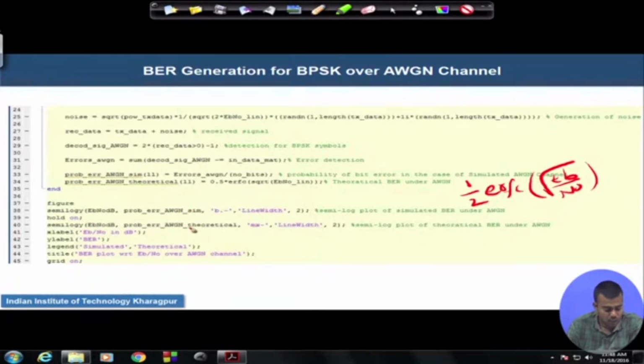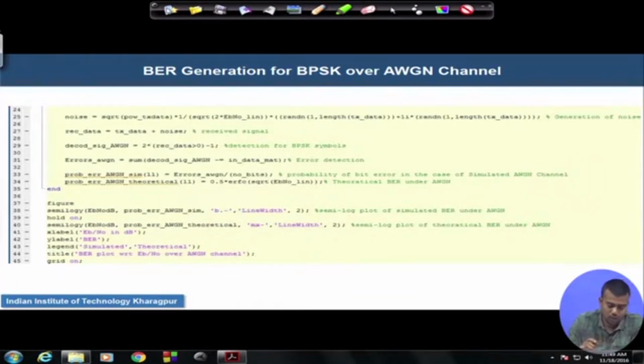Then I am plotting the graph of BER with respect to theoretical. Then you have to mention the X label and Y label, what you are taking on each axis. Then the legend.